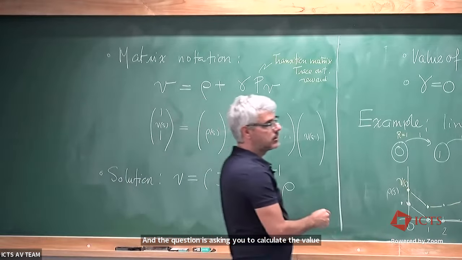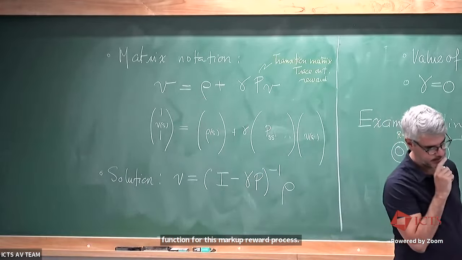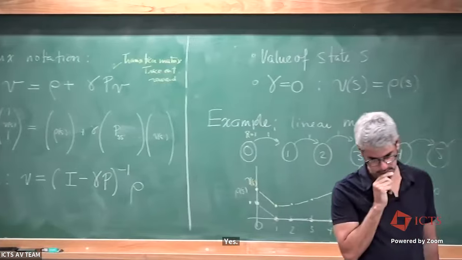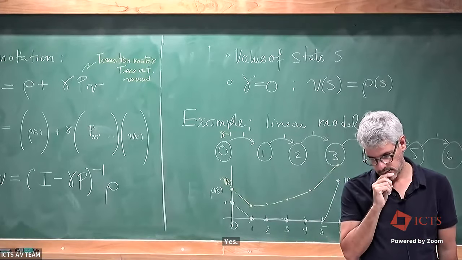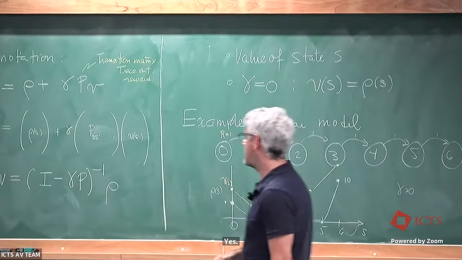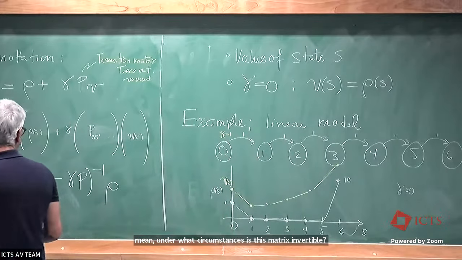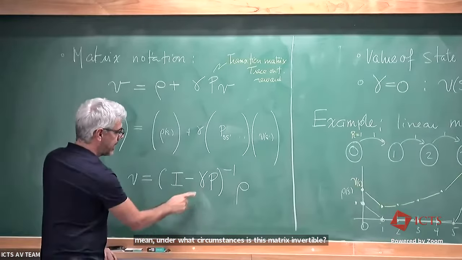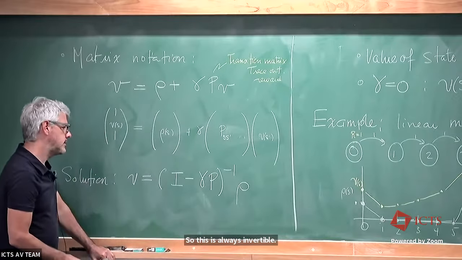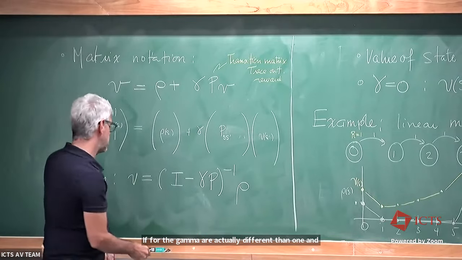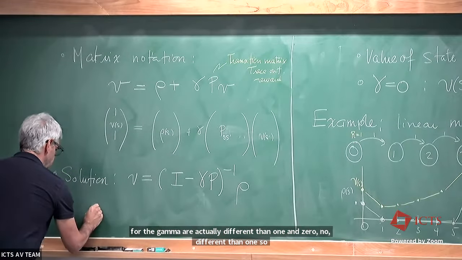So I have a question. Under what circumstances is this matrix invertible? So this is always invertible for gamma different than 1. This is a good point.